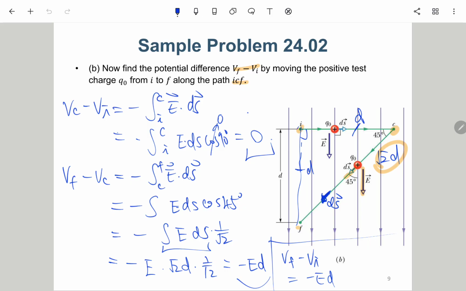No matter which path you go, the potential difference will be the same. It only relates to the end point and the starting point.